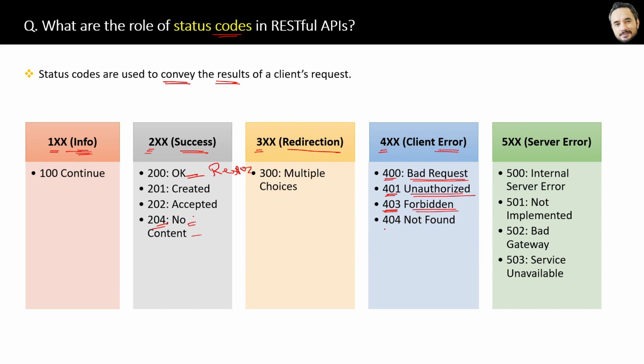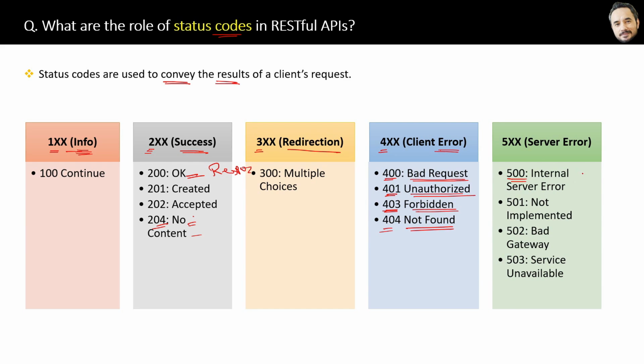Then 404 means the resource the request is looking for is actually not found. It is not present in the REST API. Maybe the client is using the wrong resource name they are asking for. Okay, this is about the errors. Then we have the 500 status code, which means there is some error, but that is not due to the client request.